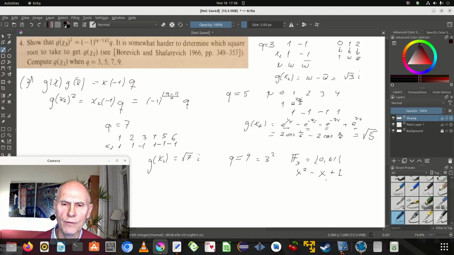So this is one of them. So this solution we call capital T. And then we have 9 elements.